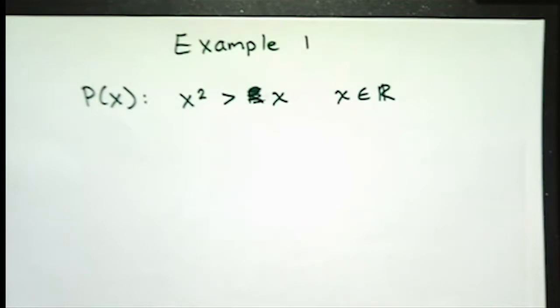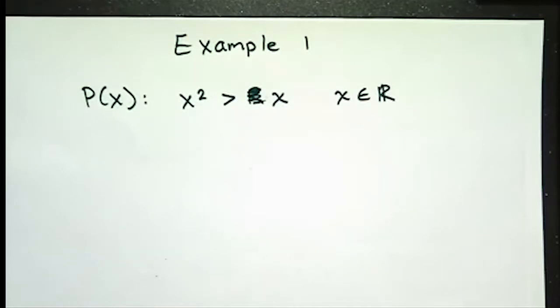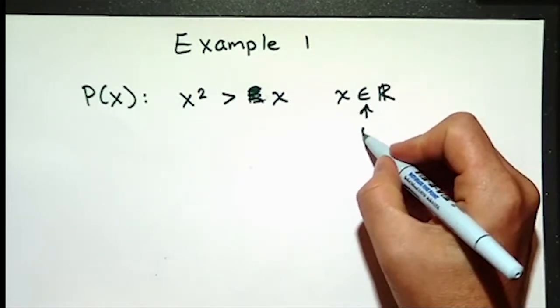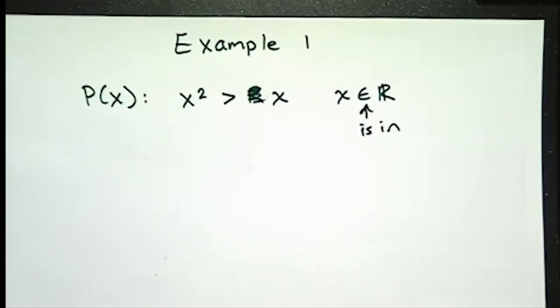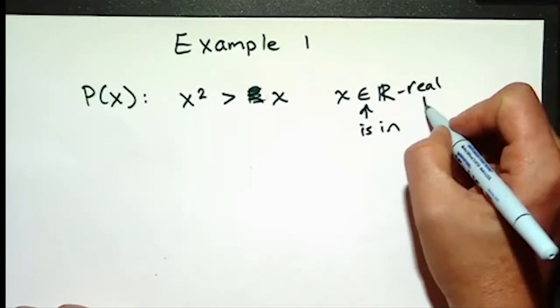Let's consider the idea that P of x is equal to the statement x squared is greater than x. And that scribbling on the right, this x and the weird-looking e and the r, means x is in. This is a membership symbol, and this means the real numbers.